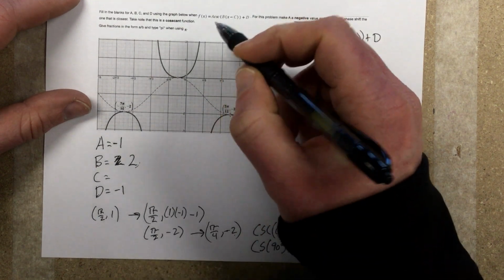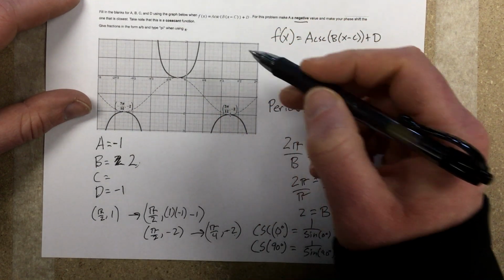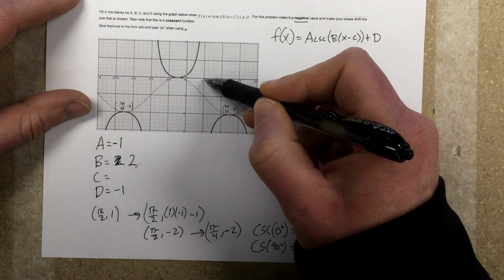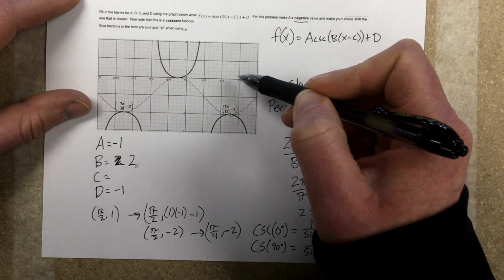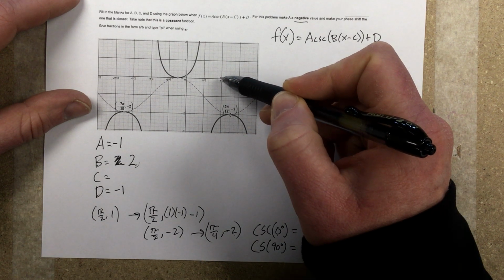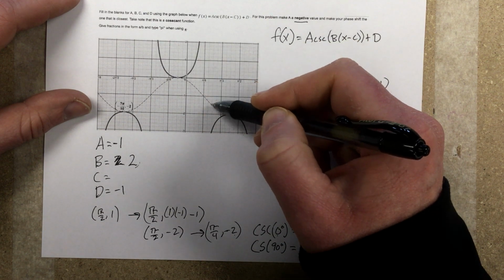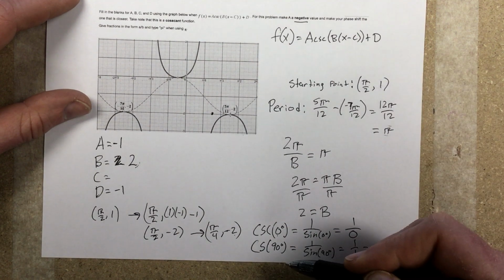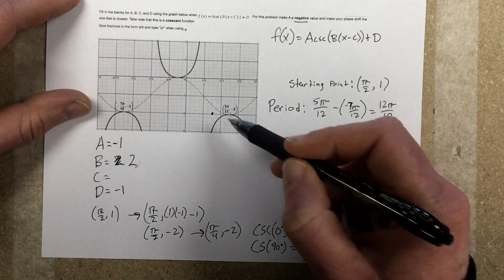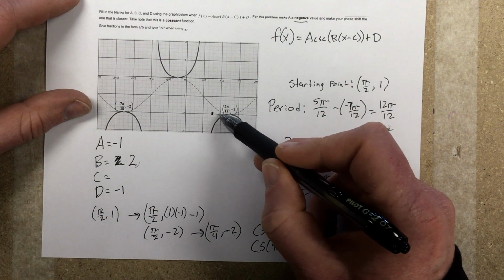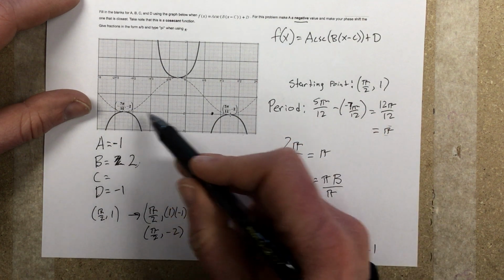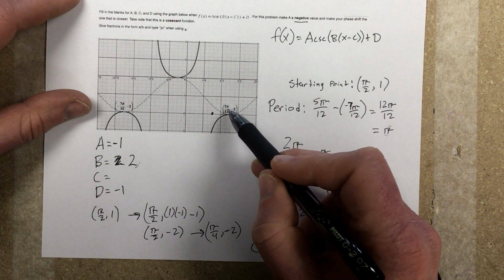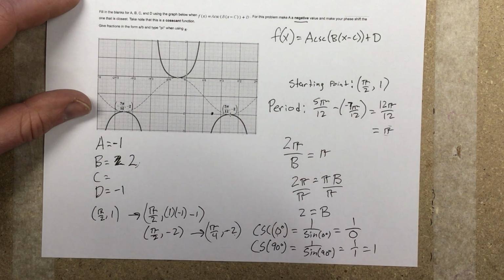Which would be, let's see, pi over 4 comma, negative 2. This is pi over 6, pi over 3, pi over 4 is going to be somewhere in here. So we're looking like that's the point there. So our shift is going to be like this point's clearly a longer ways away from this point. So we're looking at 5 pi over 12 to figure out our c value.